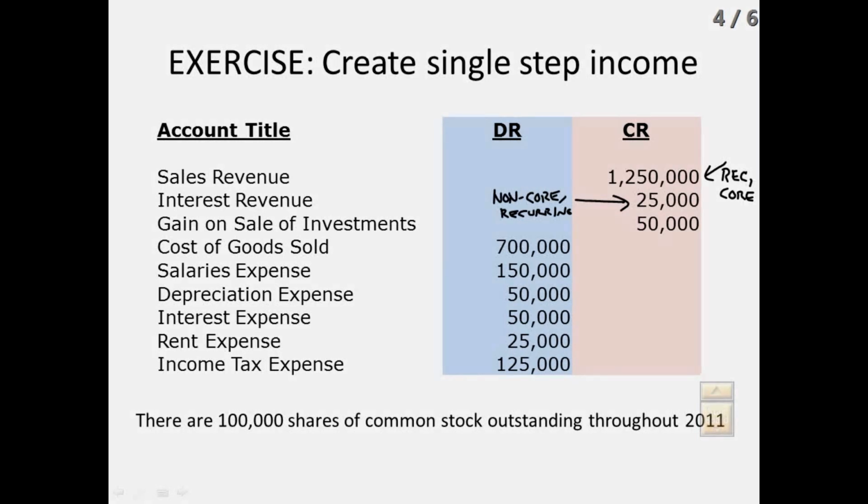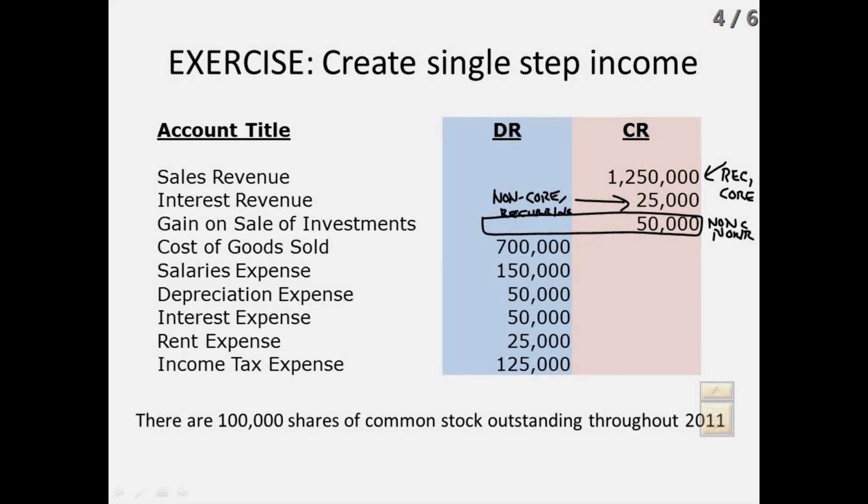It's not part of my normal operating business, so it's non-core and non-recurring. So if anything, I might want to reduce my forecast of next year because I won't really expect that $50,000 to come about. There's about 50 cents that I would want to think about taking off of my income.